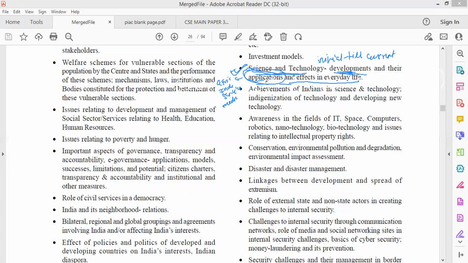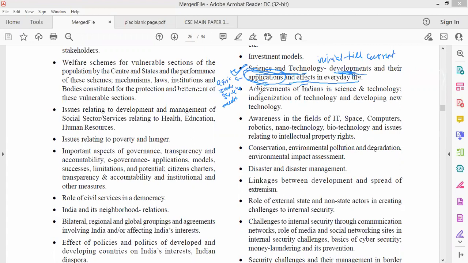That is an important factor, and also how it is affecting our life. The effect can be positive and also negative. But if technology is used for social purposes, the intention is that it should be fruitful and have a positive effect on the masses. But as I told you, any technology will carry with it positive and negative parts also. So this is important.